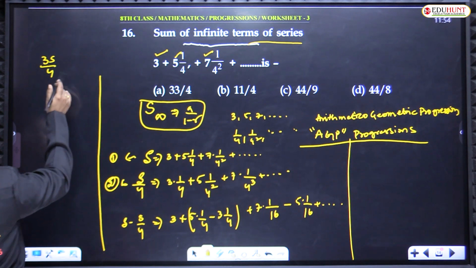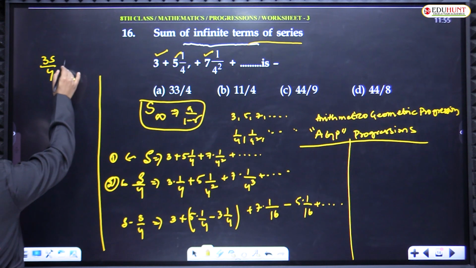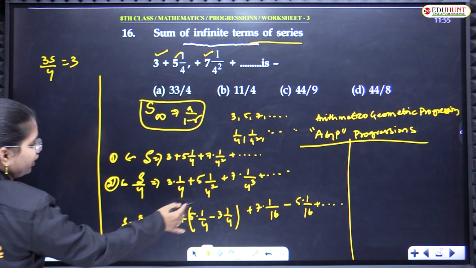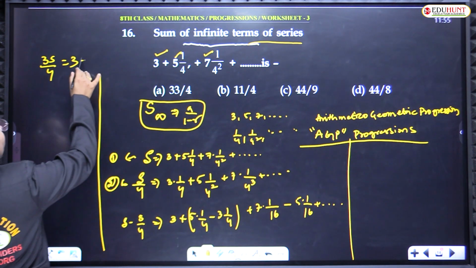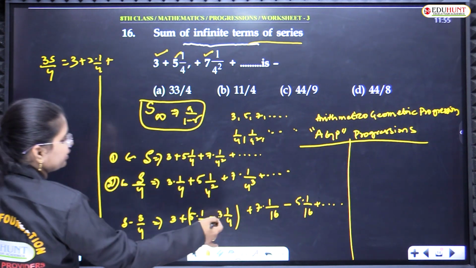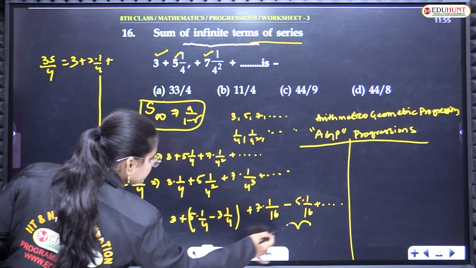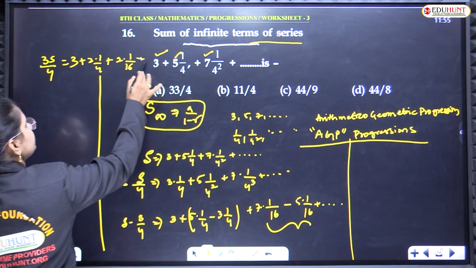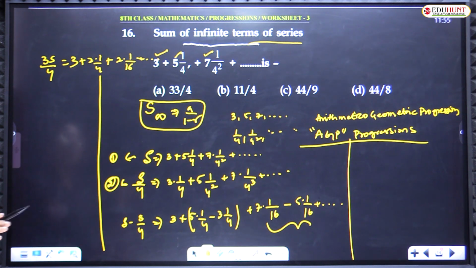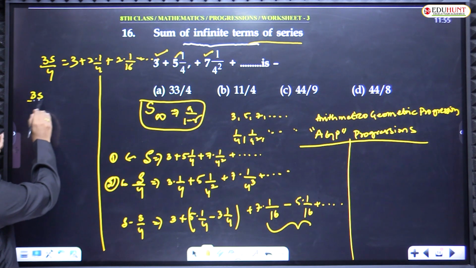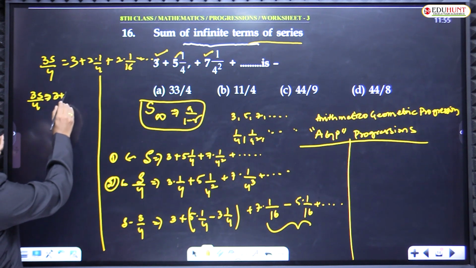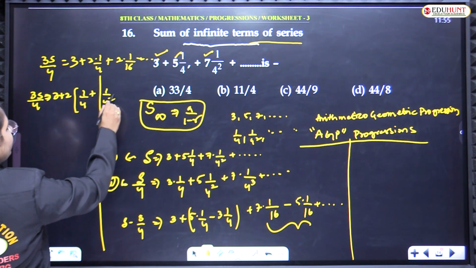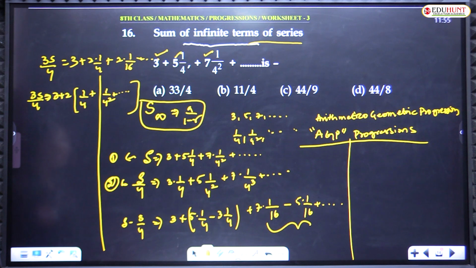So, 3S by 4 equals 3 plus 5 into 1 by 4 minus 3 into 1 by 4, which is 2 into 1 by 4, plus 7 into 1 by 16 minus 5 into 1 by 16, which is 7 minus 5, that is 2 into 1 by 16, and so on. So 3S by 4 is equal to 3 plus, taking 2 as common, 1 by 4 plus 1 by 4 square and so on. 16 can be written as 4 square, right?